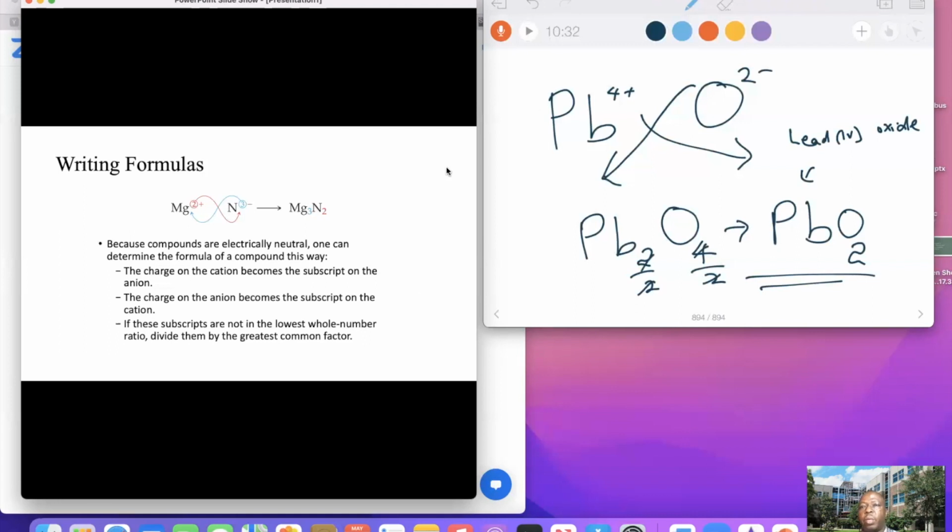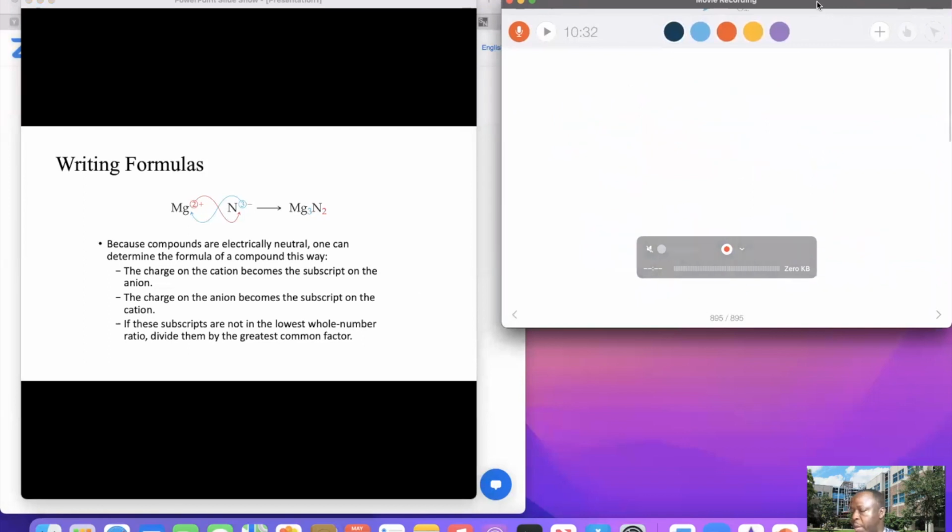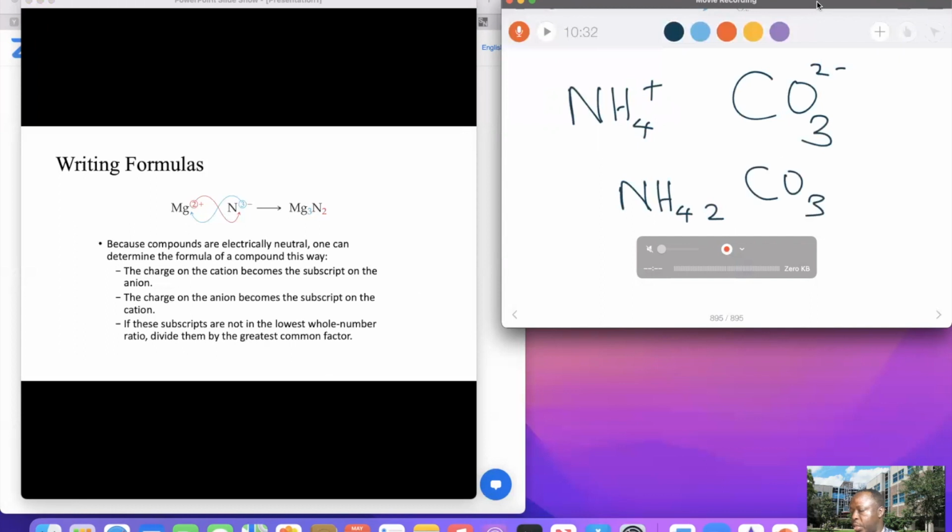Suppose we are using polyatomic ions. For example, ammonium and carbonate. How would you write that? I know somebody might think I'm just going to put N, H4, and then 2 there, and CO3 like that. This is wrong. You have to use parentheses.